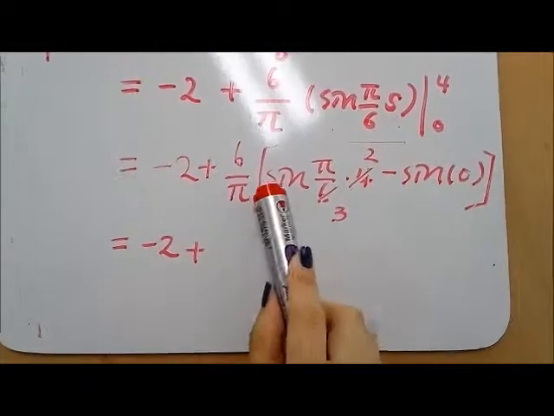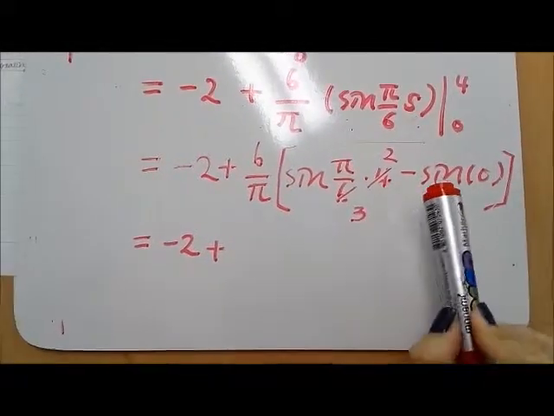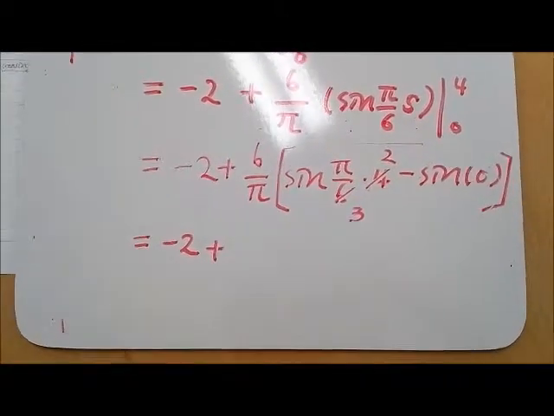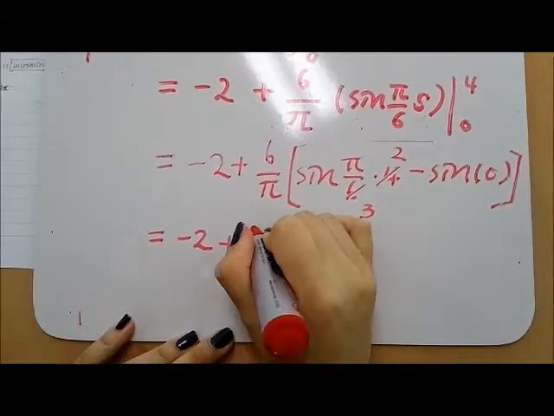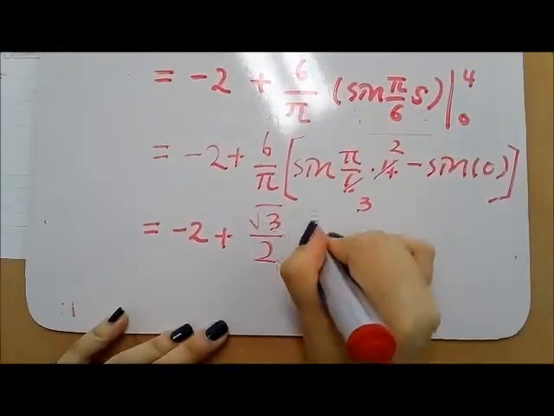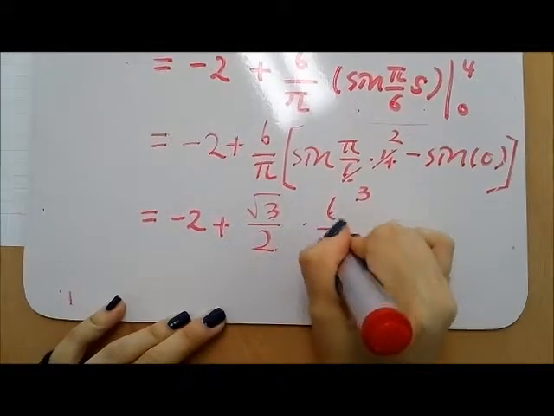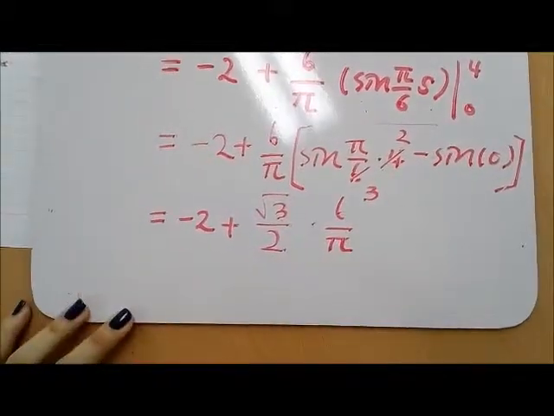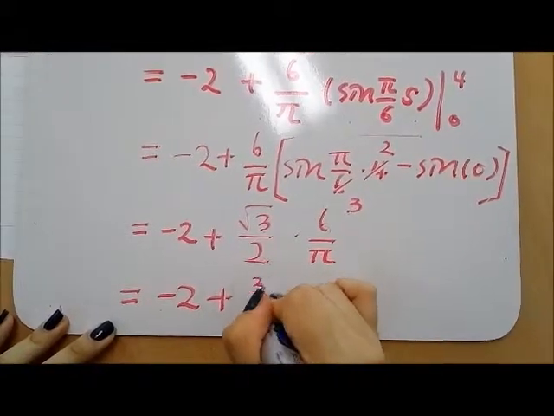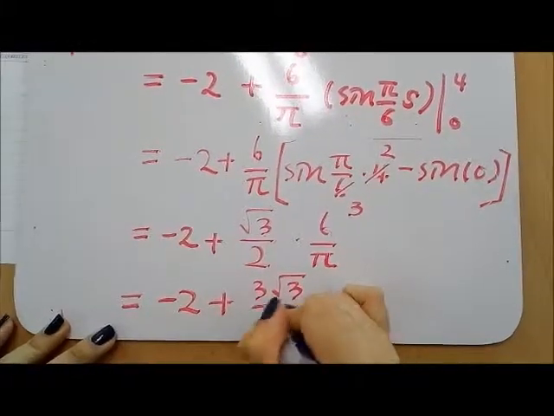The value of sine 2pi/3 minus sine of 0 would equal √3/2, and we have to multiply by 6/pi, which will give us the value of -2 plus 3√3/pi.